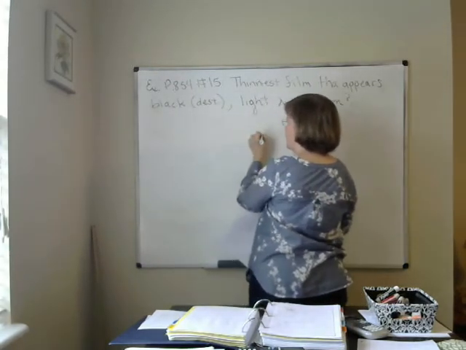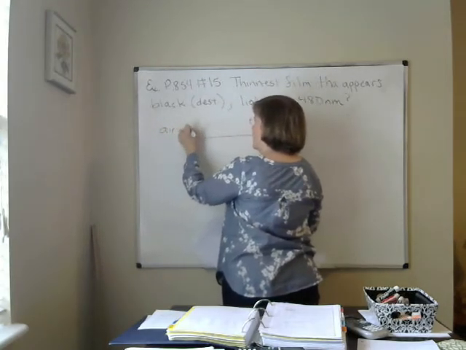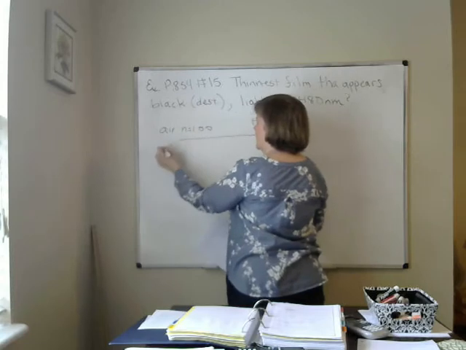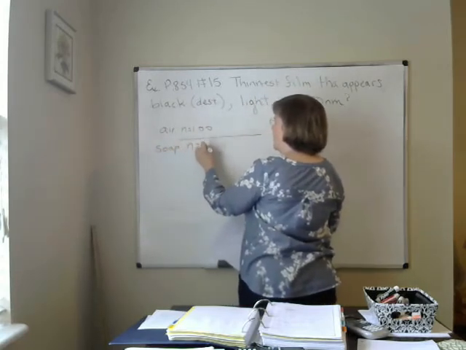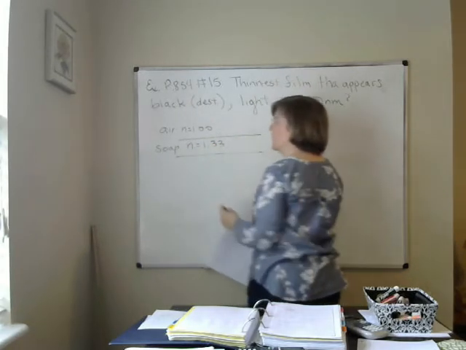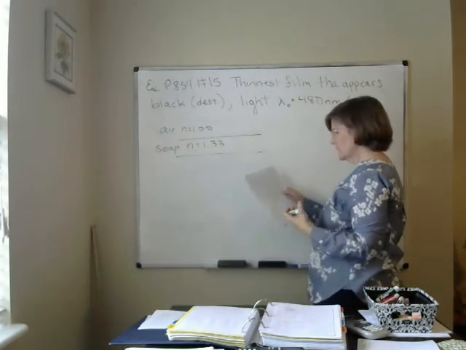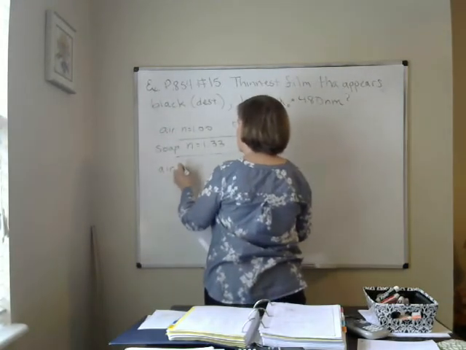So our situation here is we have air, n equal 1, then we have a thin film of soap, n equal 1.33, so that's the same as water. Most soap is mostly water with a little glycerin or something. And then we have air. So there's our soap bubble.